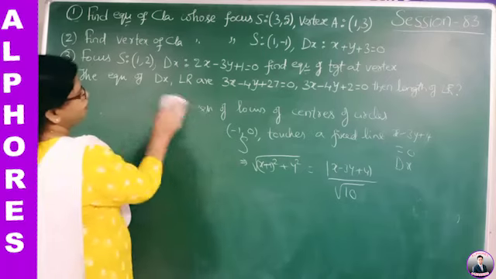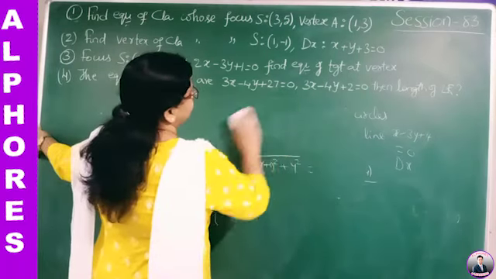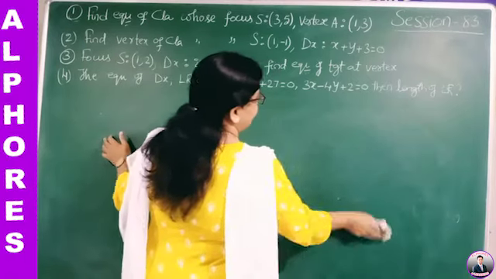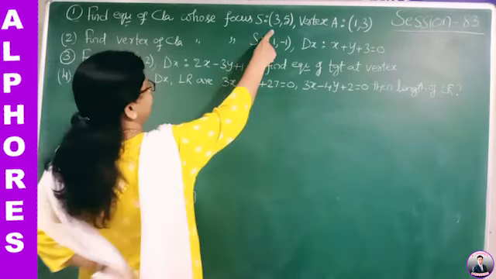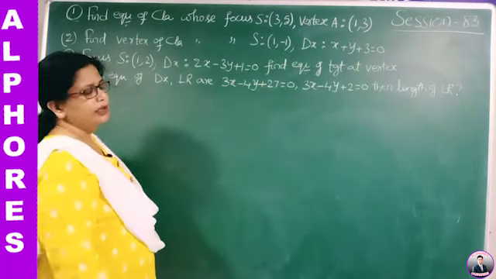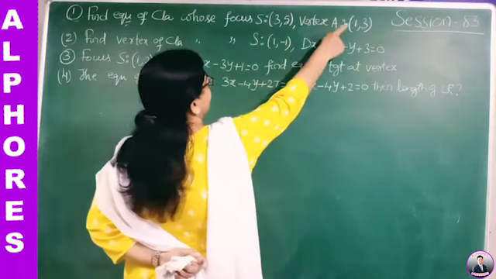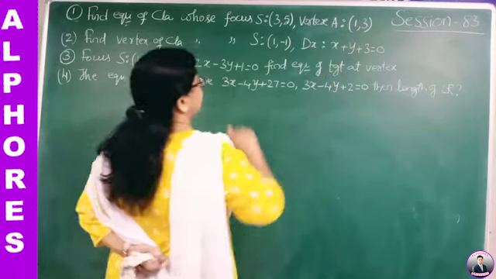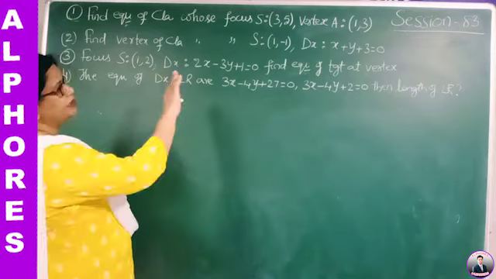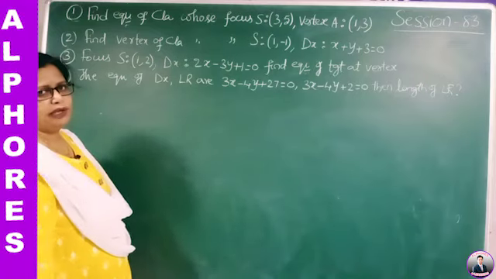Now if you observe abscissa and ordinate in both the points, abscissa is not equal and ordinate is not equal. Earlier we did it when abscissa is same or ordinate is same, but now those are unequal. That means this parabola is an oblique parabola.